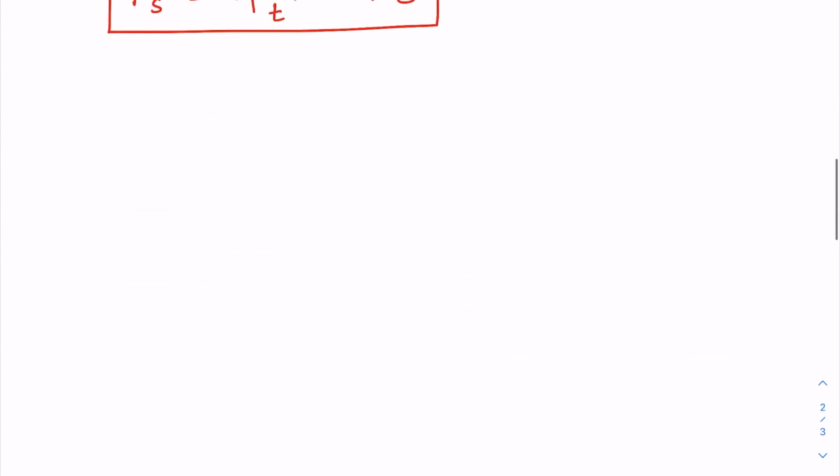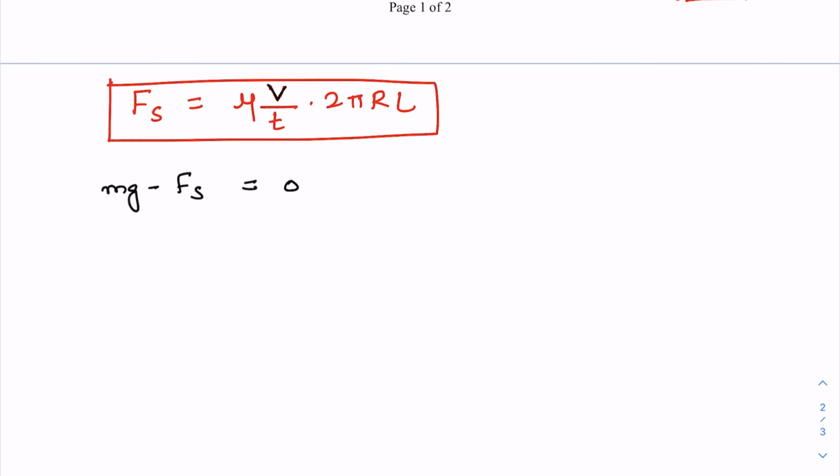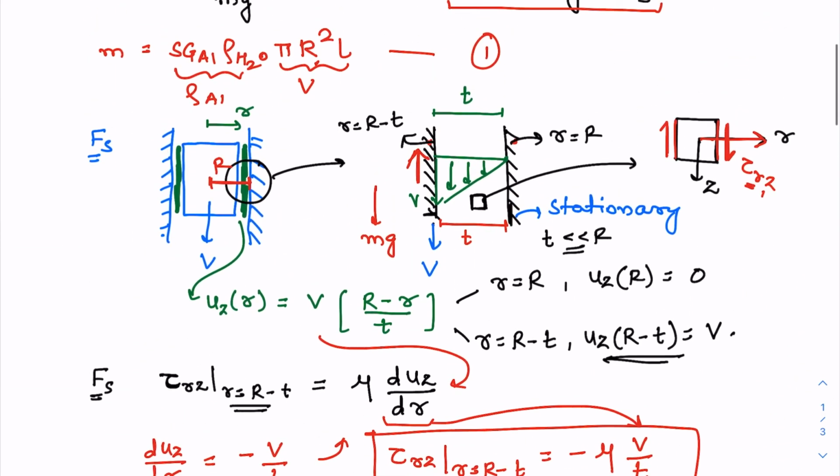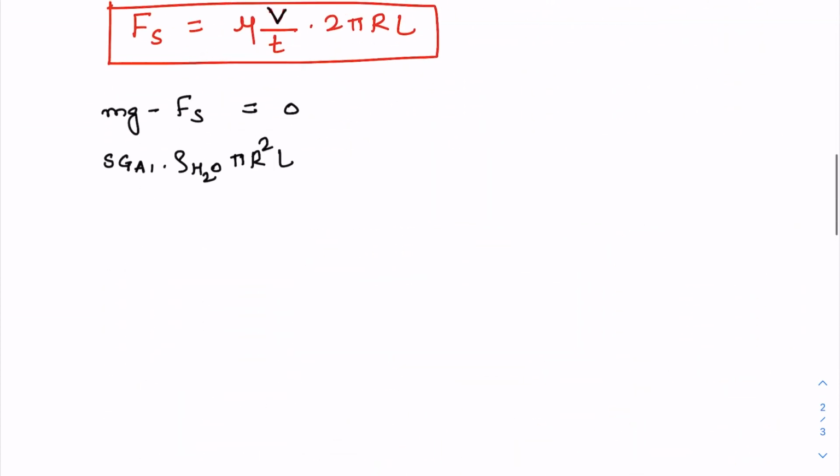Substituting for mg minus Fs, we can find the unknown V. So mg was specific gravity of aluminum times density of water times the volume of the piston, which is pi r square L, minus mu V by t into 2 pi r L is 0.